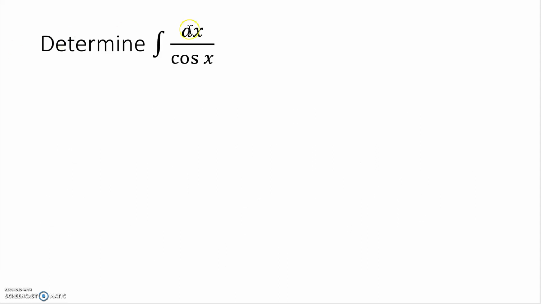So as an example, let's look at finding the integral of 1 over cos x. So substitute away. 1 over cos just means we have to flip it, so it's 1 plus t squared over 1 minus t squared.